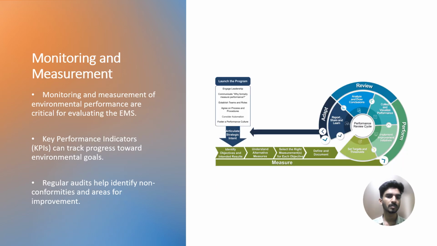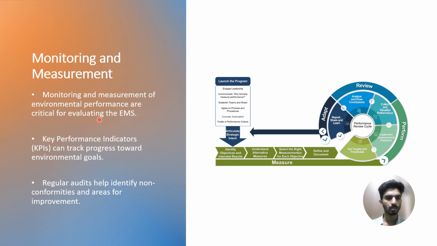Monitoring and measurement of environmental performance are critical for the evaluation of the EMS. So you need to adapt it, review it, perform and measure it. Measurement is required to see how successful you are in implementing your performance cycle, how well you are able to implement it.